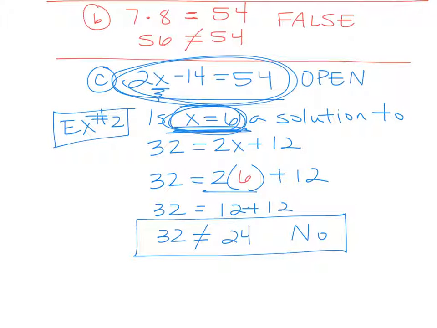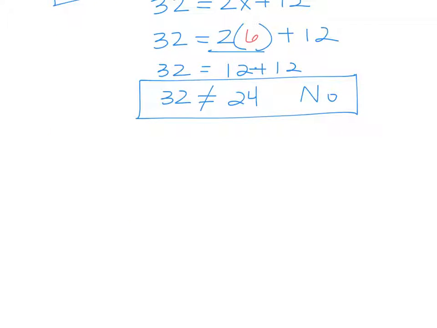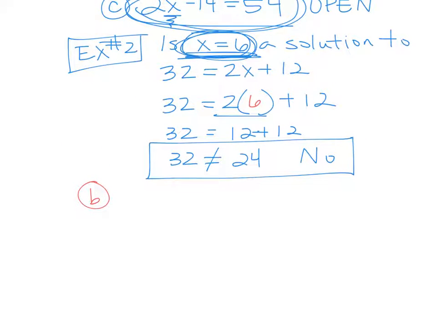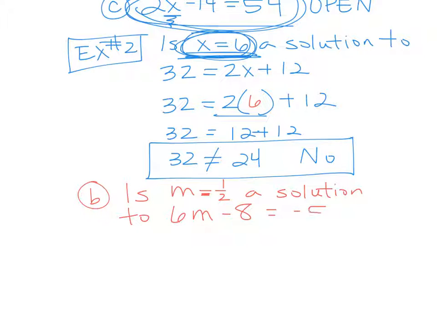Okay, how about this one? Is m equals 1/2 a solution to 6m minus 8 equals -5? Is m equals 1/2 gonna work in this problem?